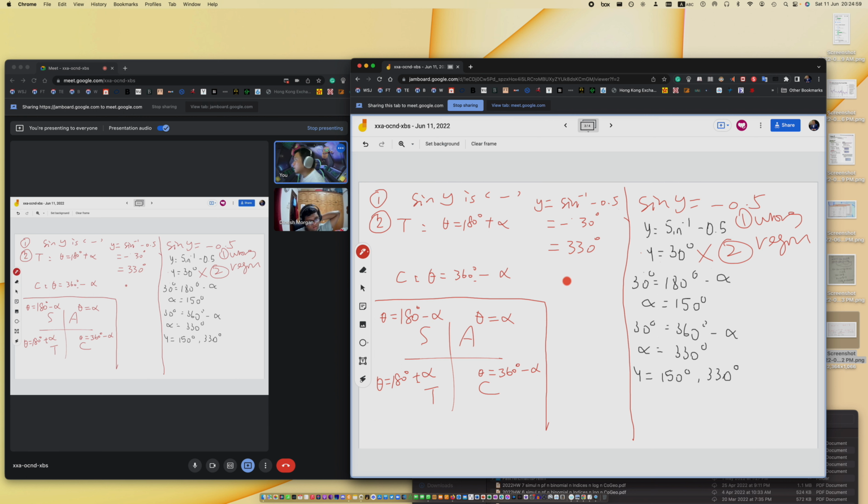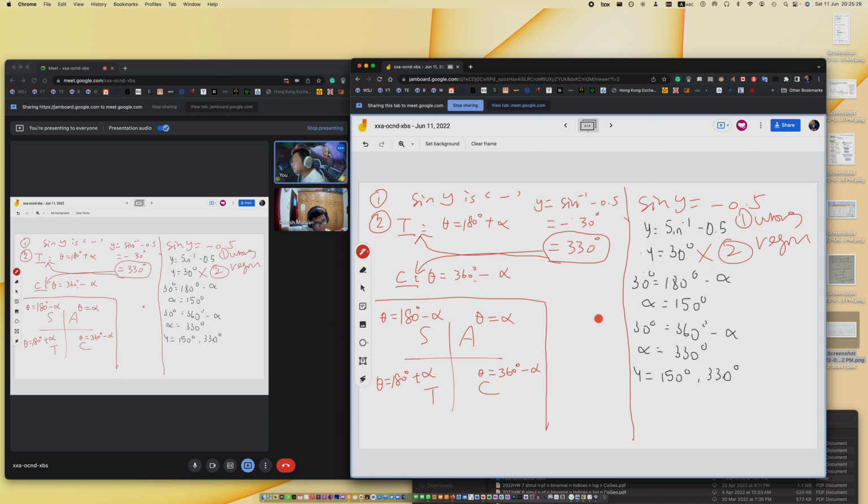Why? Like I say, the calculator always gives you one of the answers. So here, 330 degree, because I already identified region T and region C. So this 330 degree is which region? 330 degree, you are telling me is the T or C region?